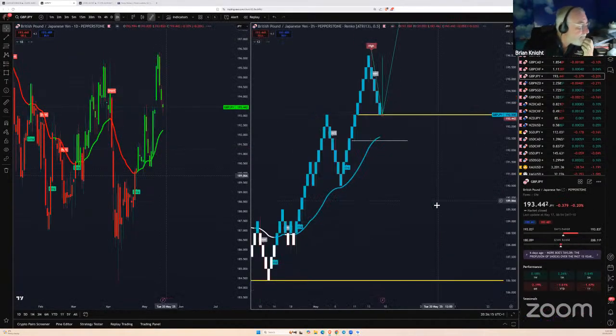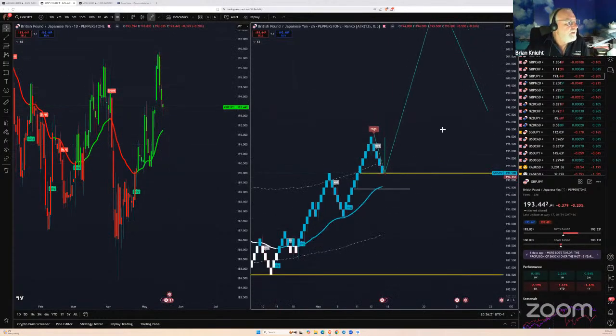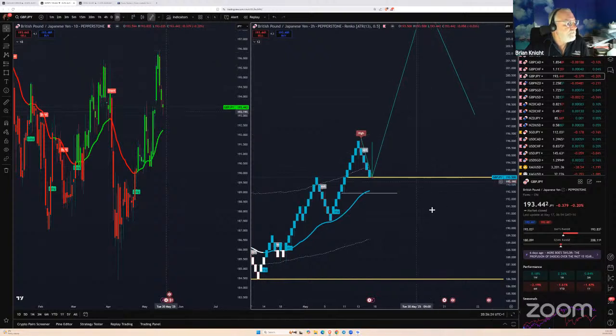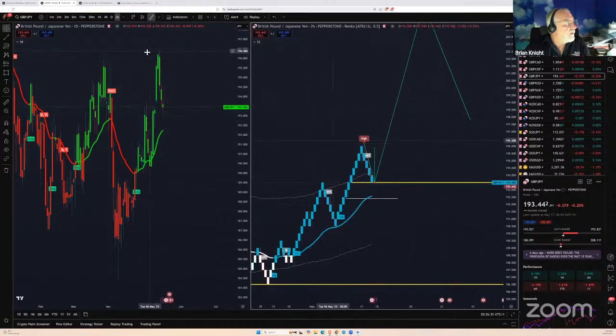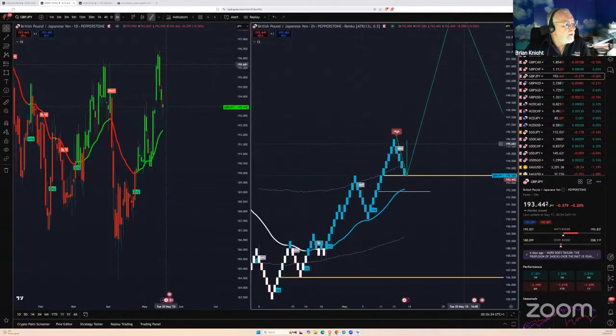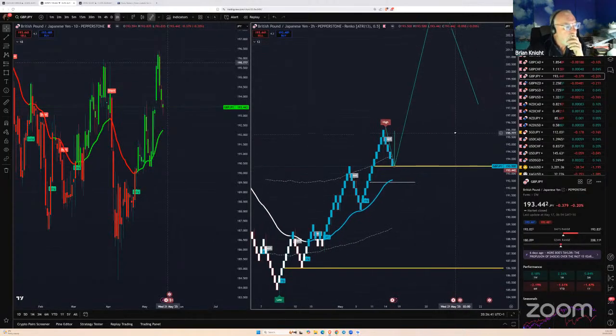GJ. This is weird. I haven't seen that before. Okay. Just watch this for whether it bounces off here and goes back up again to break that high. Yeah. Okay. It could come just down to the line.